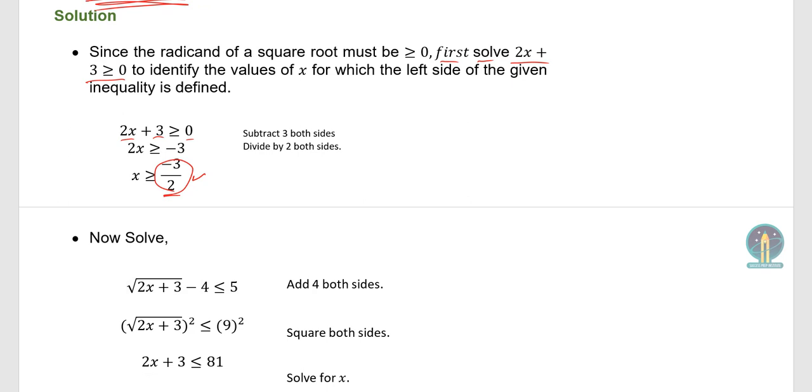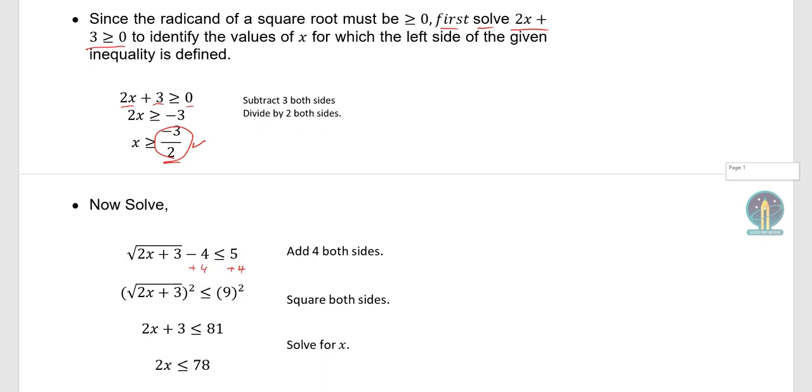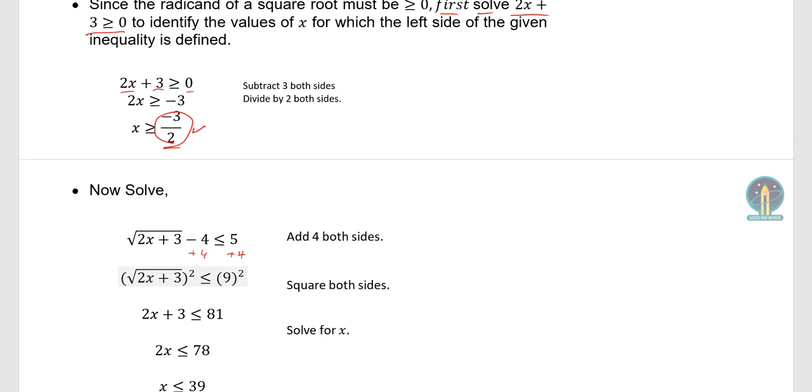So square root of 2x plus 3, minus 4, is less than or equal to 5. Add 4 to both sides, so now we have 9 on the right hand side. Then square both sides. So the square root of 2x plus 3, all squared, is less than or equal to 9 squared.